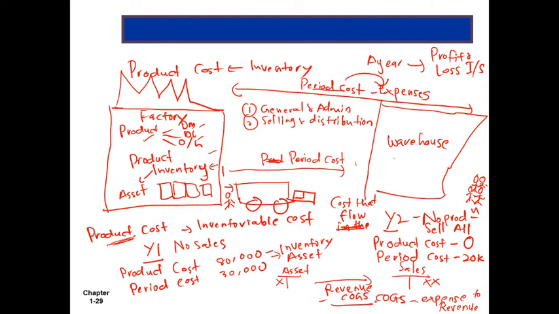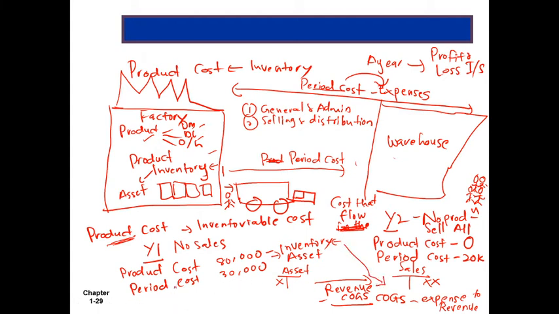So cost of goods sold will reduce the revenue. So that's why we call it cost that flows. Because as long as the product is not sold yet, we call it inventory, it's not flowing out. And once it is sold, it will be cost of goods sold.